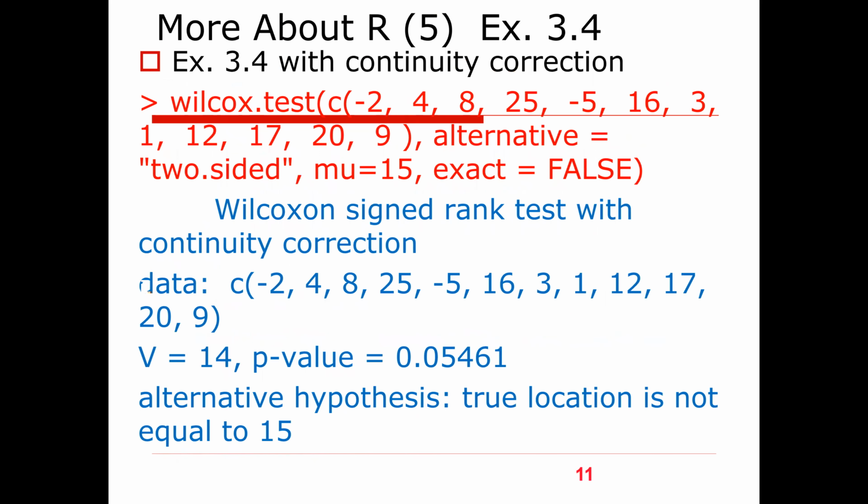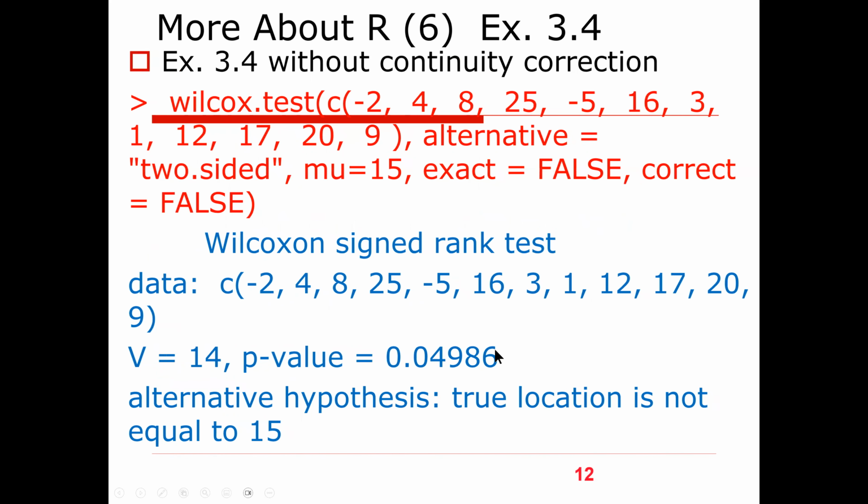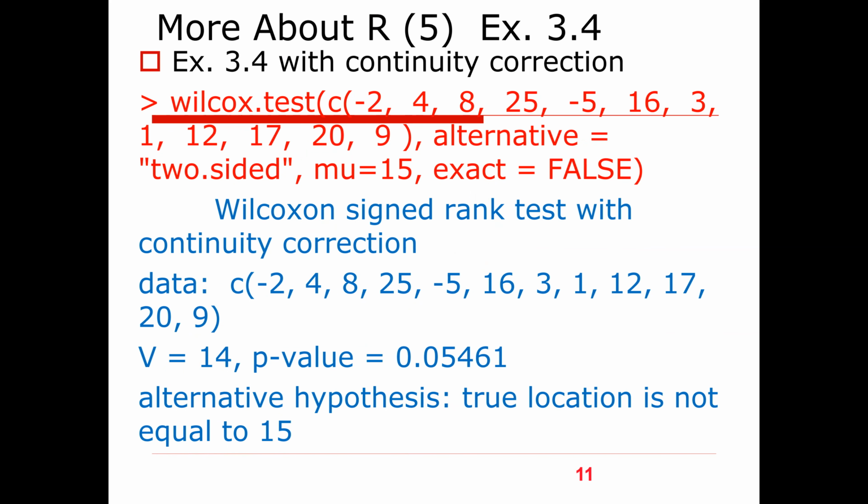So we need to define exact as false if we want to get the approximate asymptotic p-value. Otherwise, the default value is true. Again, everything else is just the same. But the default is we will use the continuity correction for the data.